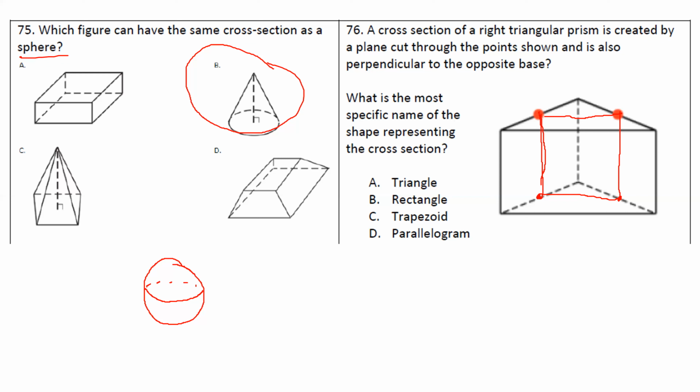It is a right rectangular prism, so it's going to be a rectangle because all of these would be right angles since it's a right prism. So it should be a rectangle. And again, it said which is the most specific name.